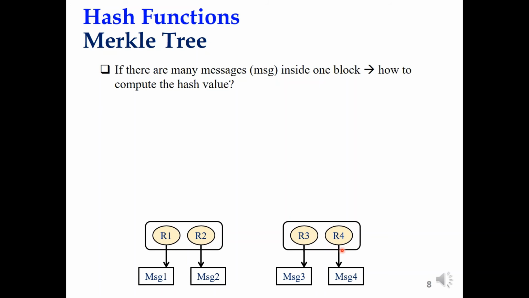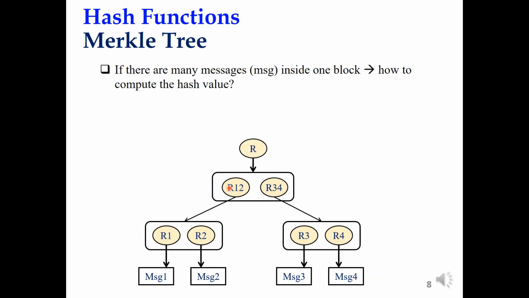Then we combine the hashes of 2 messages into one new message and compute the hash of the combined hash. For example, we calculate the hash R12 of the combined hashes R1 and R2, or R34 for the combined hashes R3 and R4. Finally, we combine these two hashes R12 and R34 into a new message and calculate the final hash.